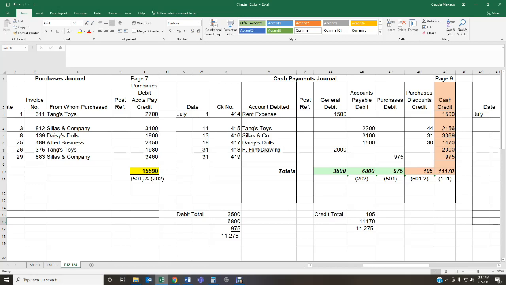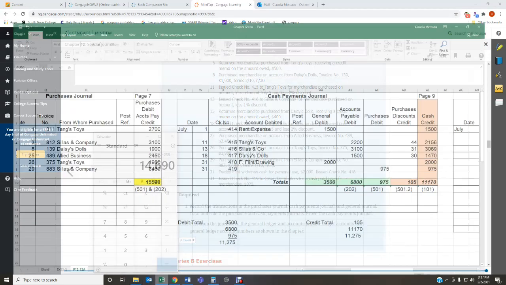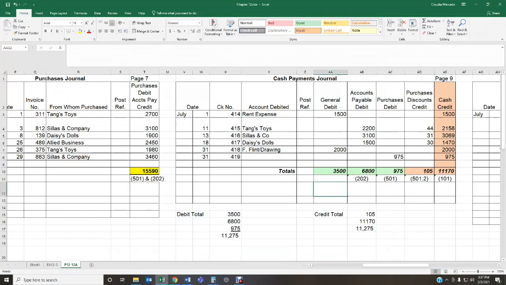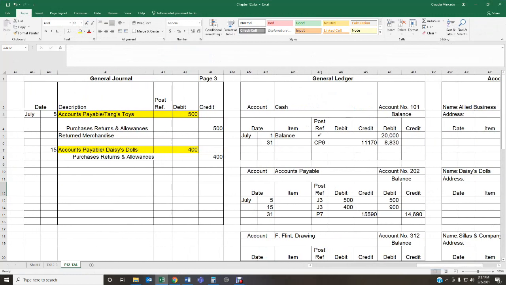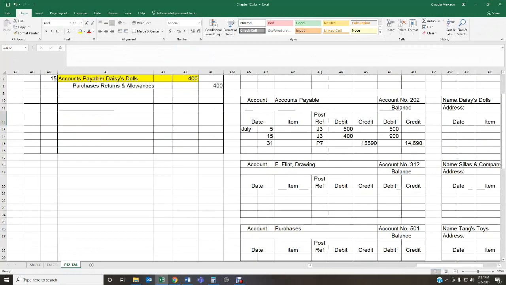Okay. So I'm going to go back. Okay, and we're going to go ahead and post that into my ledger. Okay, and we're doing accounts payable, and this is happening as of the 31st. This is coming from cash payment journal number 9.